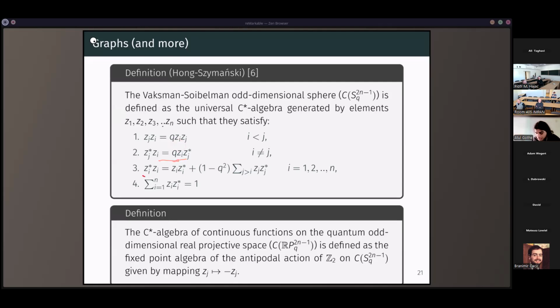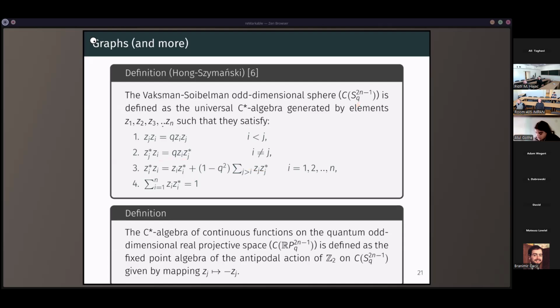And Zi star Zi is Zi Zi star plus (1 minus q squared) times the sum of Zj Zj star over j greater than i. And the sum over Zi Zi star is just 1. So this is the C star algebra which corresponds to a q-deformed sphere.